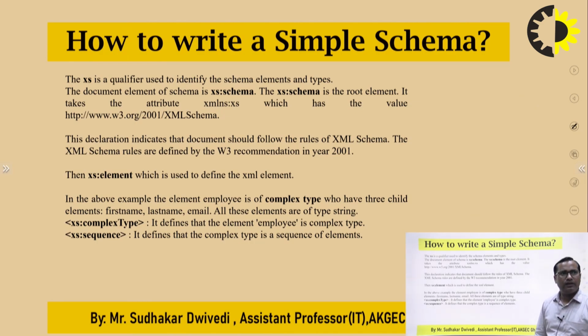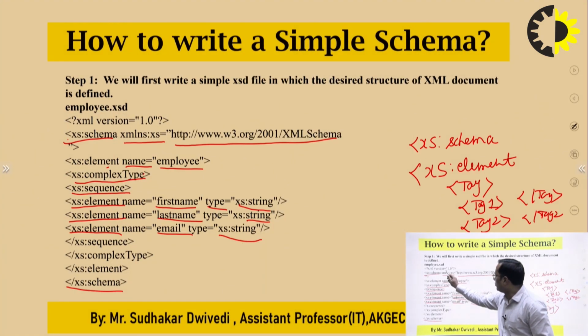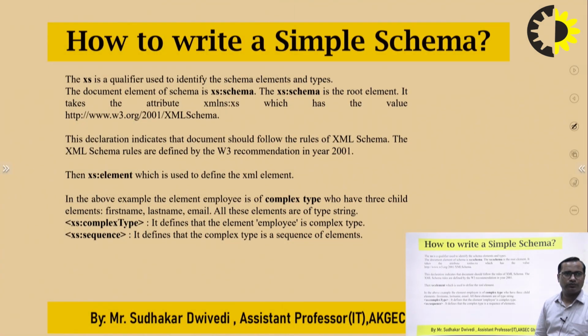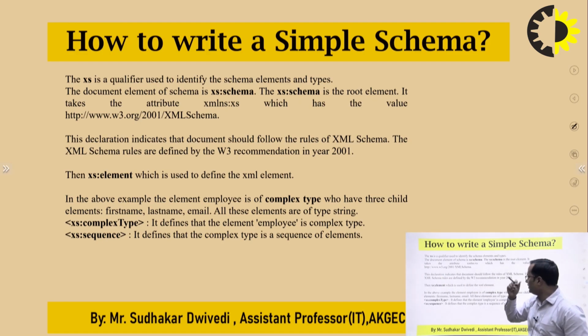It takes the attribute xmlns:xs, which represents the XML namespace and has some value. This declaration indicates that documents should follow the rules of XML schema, and these rules are defined in the W3C recommendation of 2001. So I have used this value, meaning the document should follow the rules of XML schema.